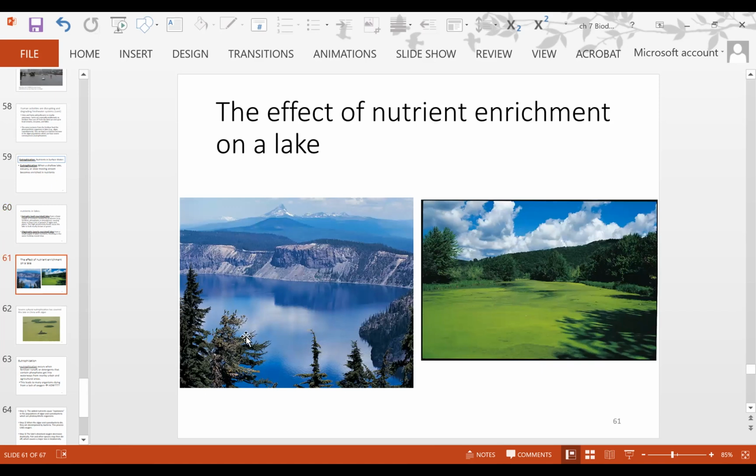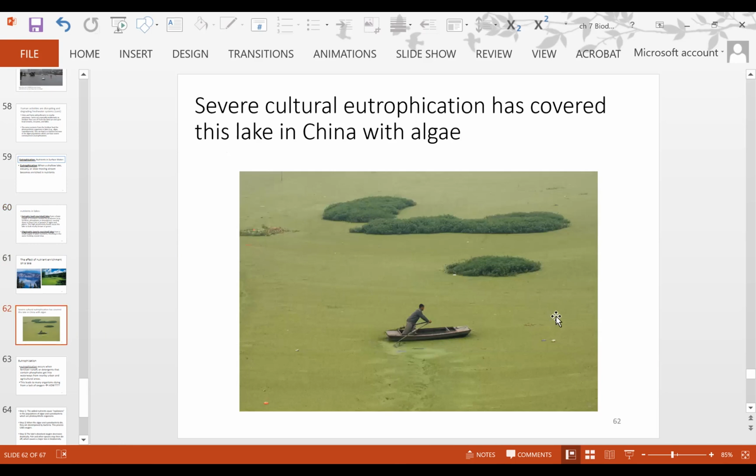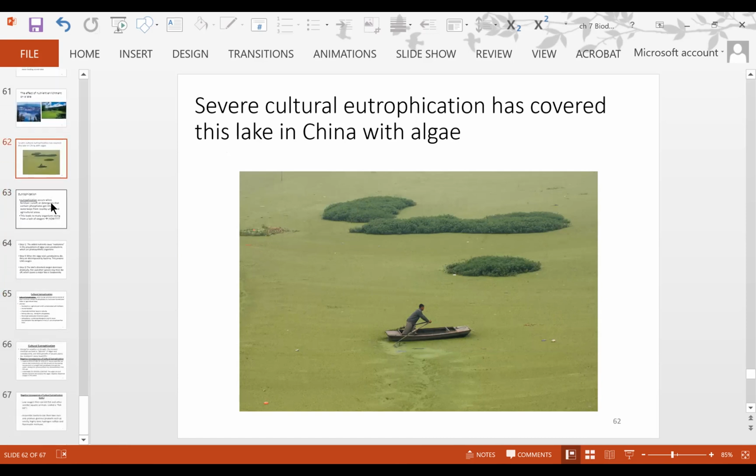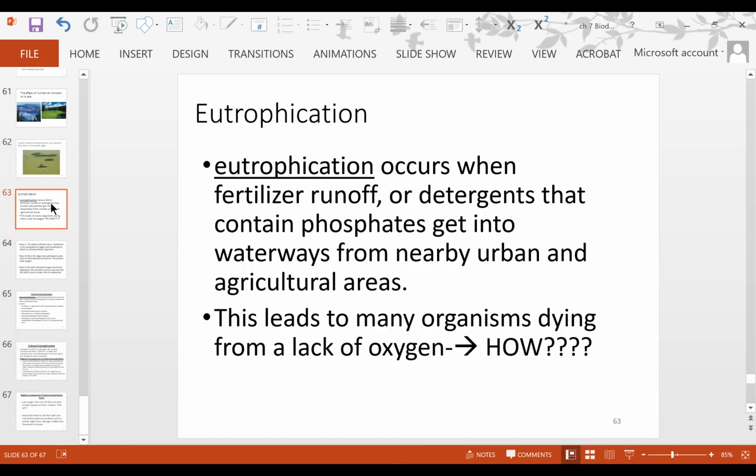So here on the left is an oligotrophic lake, so it's crystal clear. And on the right, that is a lake with an overgrowth of algae. Here's another lake with overgrowth of algae. Again, eutrophication occurs when fertilizer runoff or detergents that contain phosphates get into waterways from nearby urban and agricultural areas.